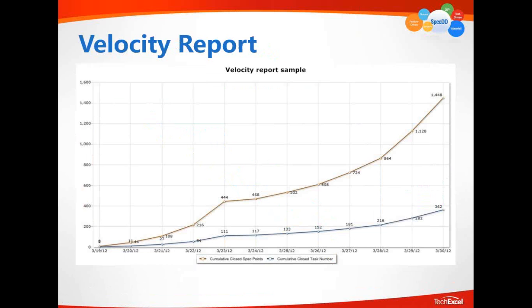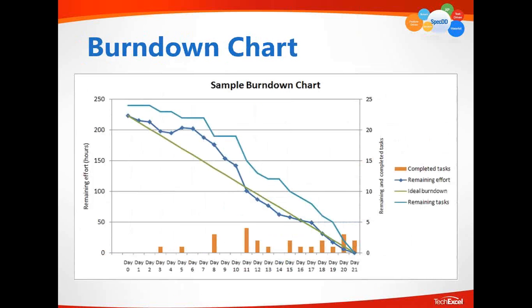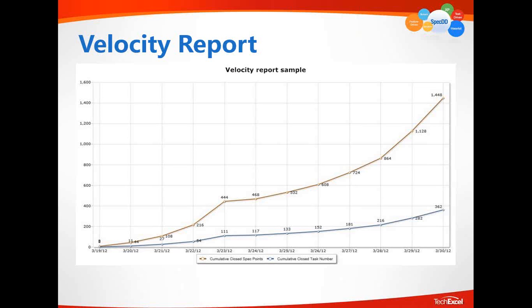Here's the velocity report. The velocity report takes a slightly different approach. It associates each task with points and uses such points to measure the size of the task, so that as you finish the tasks, the points get accomplished, representing the value a Scrum team has contributed to the working software.